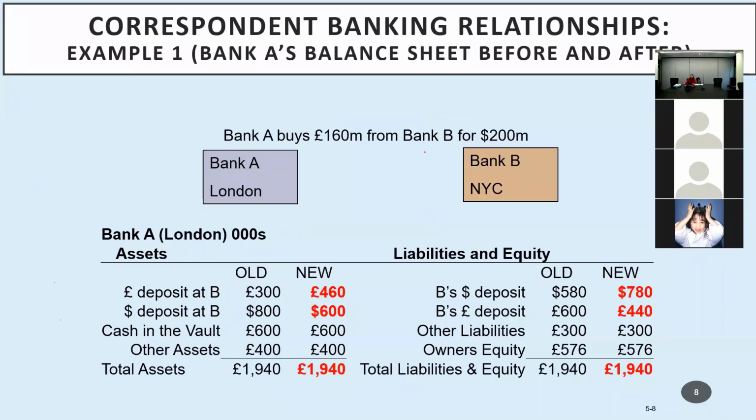As we mentioned before, in this example, Bank A wants to exchange USD for pounds. So they want to buy the pounds from Bank B, and in exchange, they'll give Bank B USD. The way it is recorded in their balance sheet is as follows.